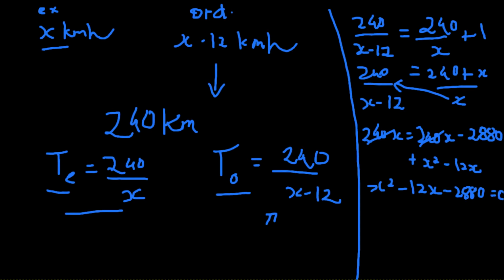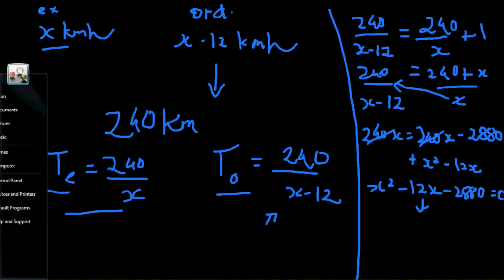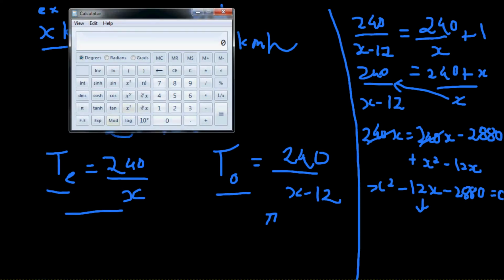And then you can solve it. I think it's going to be pretty tough to split the middle term here, so you could do it by the formula. I don't think I'm going to do it step by step, it'll take time. So I'm just going to use the calculator and do it over here. So it's b squared, that's 144, minus 4 times a times c. I think you can pause it and calculate yourself, so you get a bit of practice.